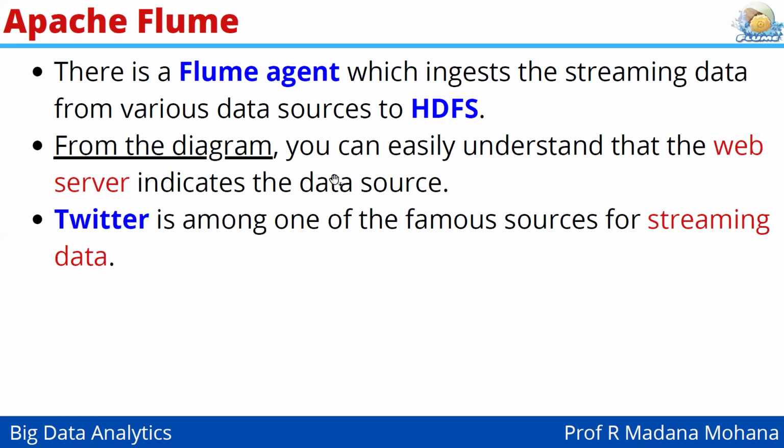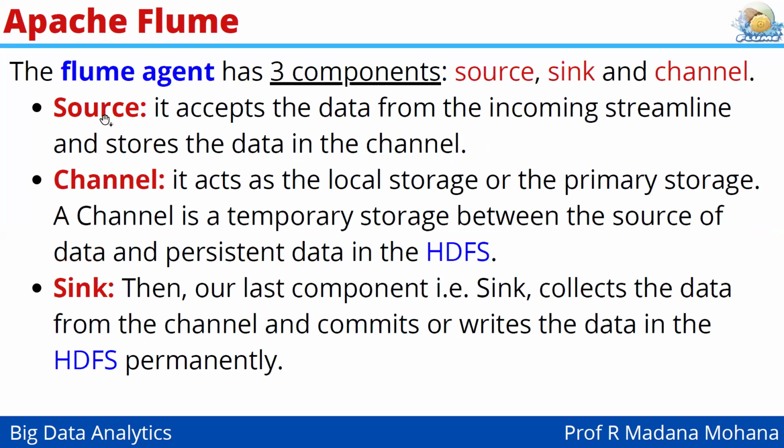From the previous diagram, we can easily understand that the web server indicates the data source. Twitter is one of the famous sources for streaming data. The Flume agent consists of three components: source, sink, and channel. Source accepts the data from the incoming streamline and stores the data in the channel, where the channel acts as the local storage or the primary storage.